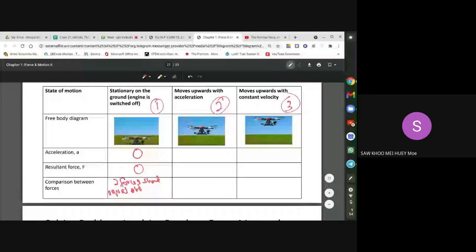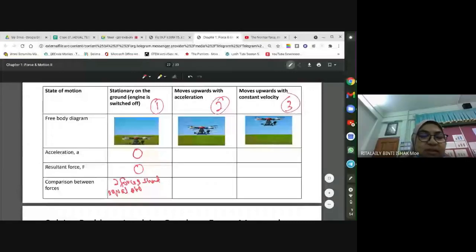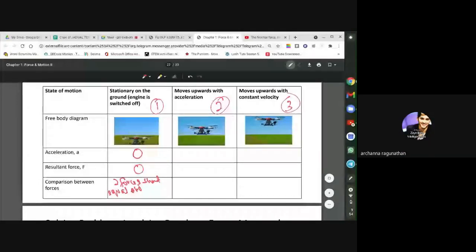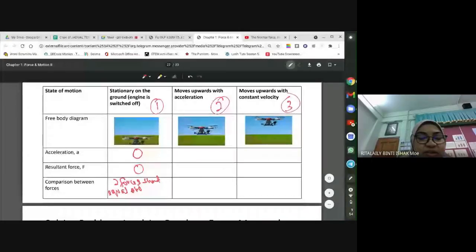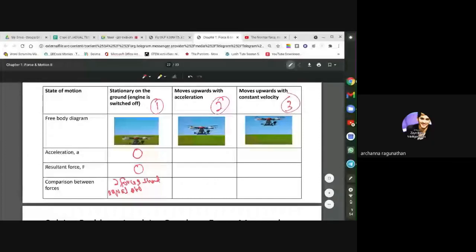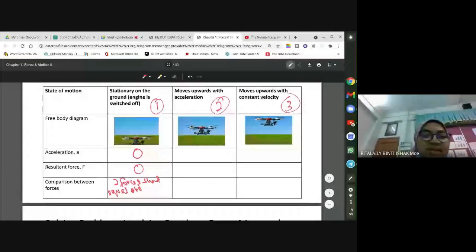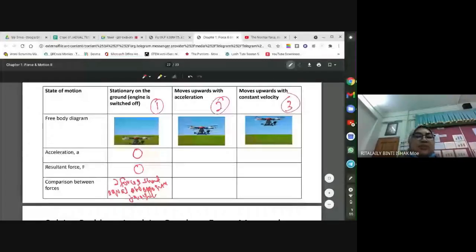The two forces are equal, are the same, but what is different? Opposite direction. Magnitude is the same. The opposite direction. Okay, so this is how we write comparison between forces: two forces that are equal and opposite direction.